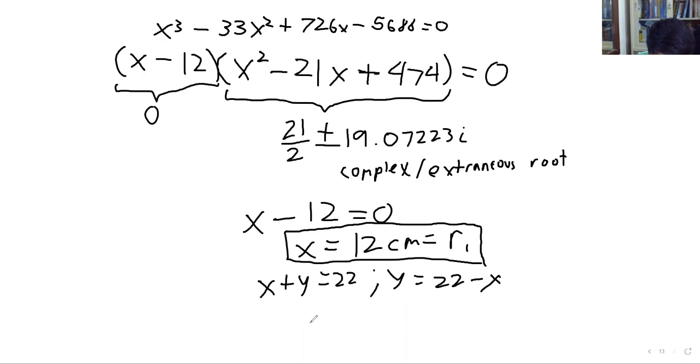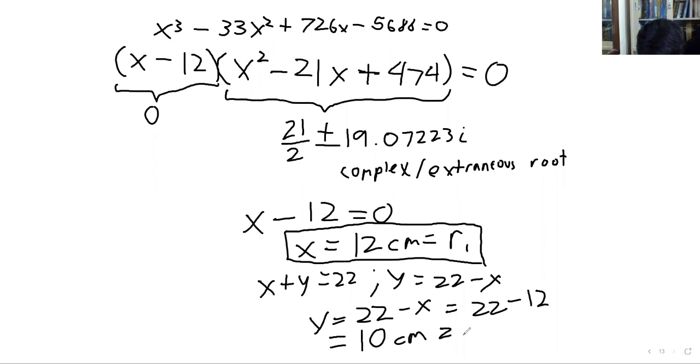So y equals 22 minus x equals 22 minus 12. That equals 10 centimeters. So this is our radius too. So you see, it is also 10 and 12.